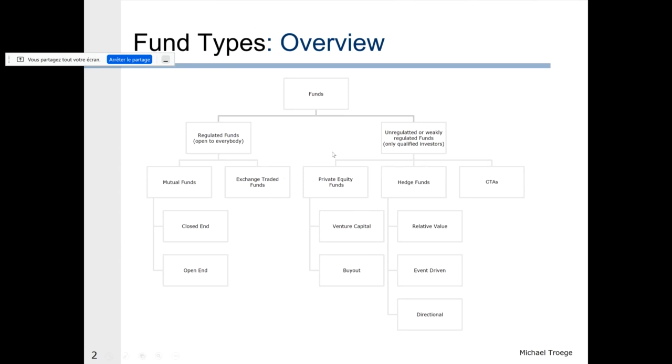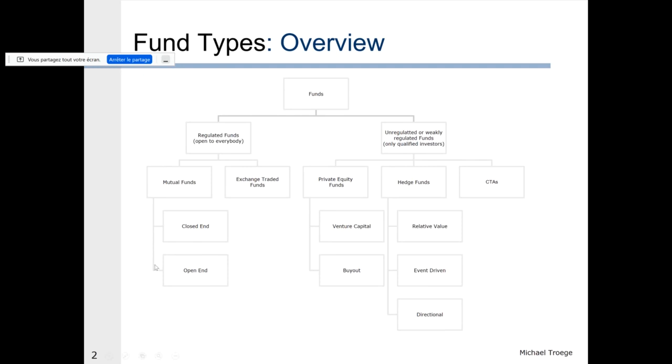The regulated funds are called mutual funds, or you have a newer category called exchange traded funds. Within the mutual funds category, you have closed-end funds. Closed-end funds are funds where you cannot get your money back from the fund. You have to sell your shares in the fund to exit the fund.